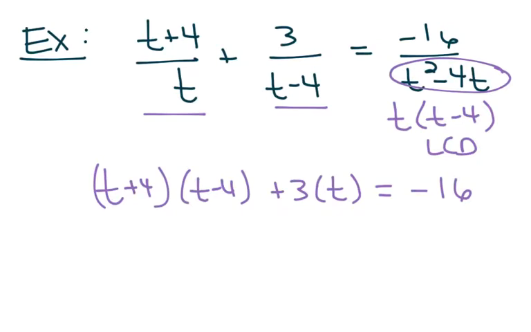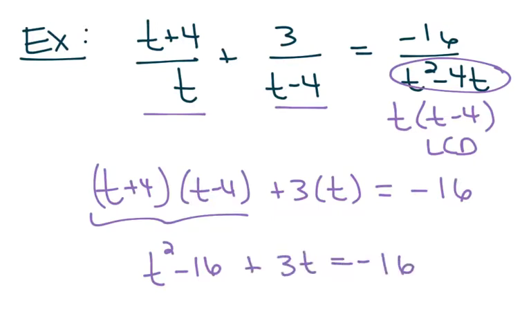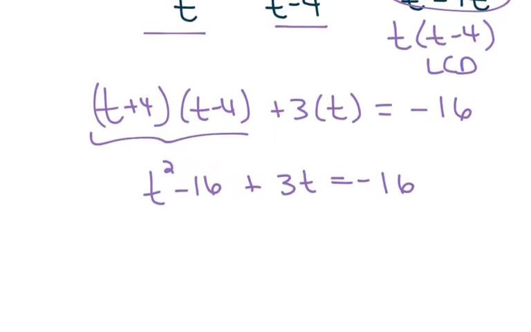So now I have an equation that I know how to solve. I'm going to multiply these together. Notice that they're a product of a sum and difference. They're going to multiply to be t squared minus 16 plus 3t equals negative 16. Since it's a quadratic equation, we're going to set the equation equal to 0.